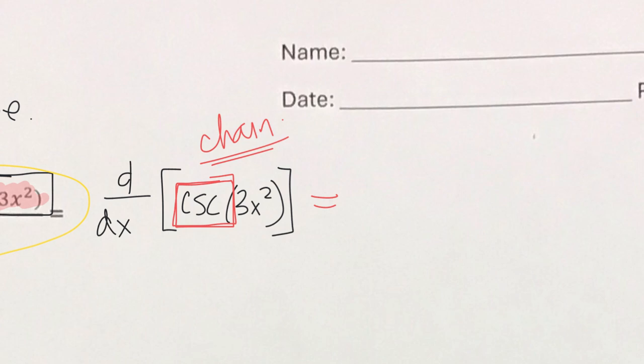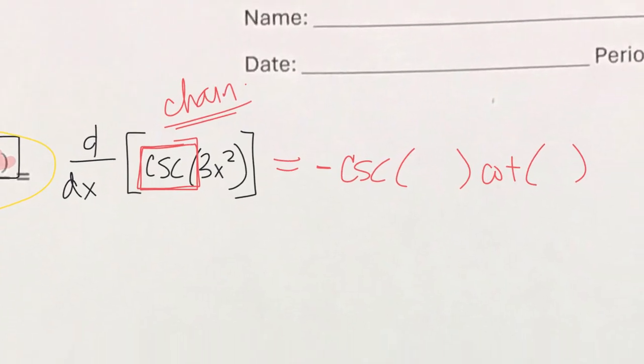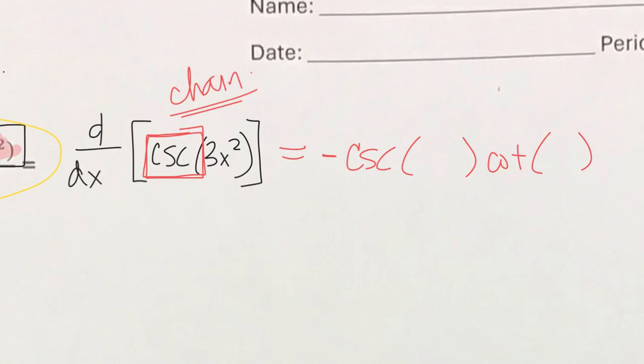So the derivative of cosecant is negative cosecant of whatever's in your parentheses times cotangent of whatever is in your parentheses. So this all belongs to cosecant only. We have not messed with the 3x squared yet. So that's the derivative of cosecant.